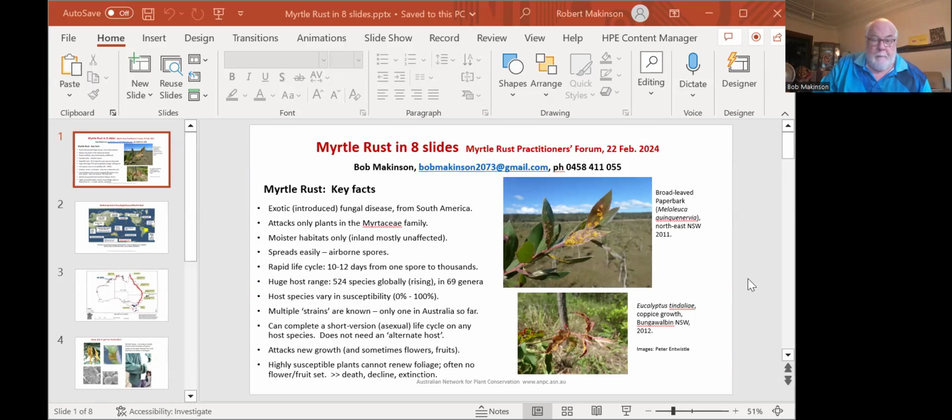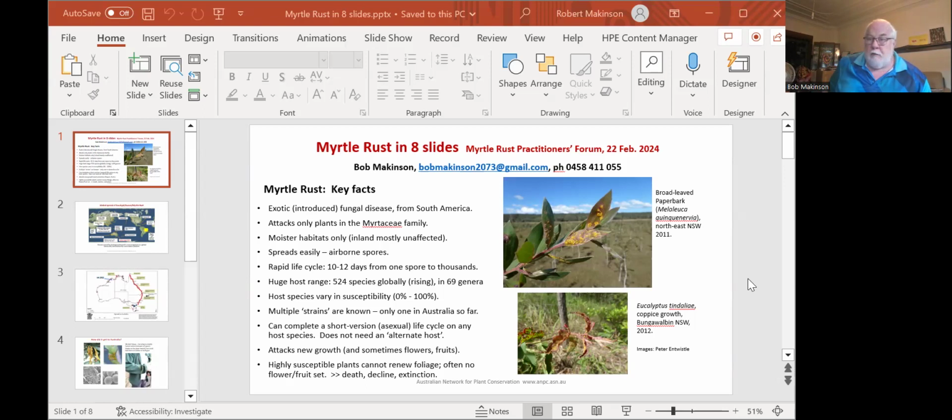Now, myrtle rust can complete a short version of its life cycle, an asexual version, on any host species, any species of Myrtaceae which can support it. It doesn't need an alternative host like some rusts do. It's fairly sneaky in the way it operates.